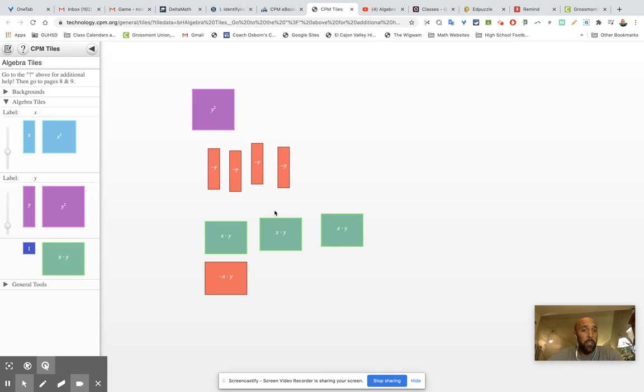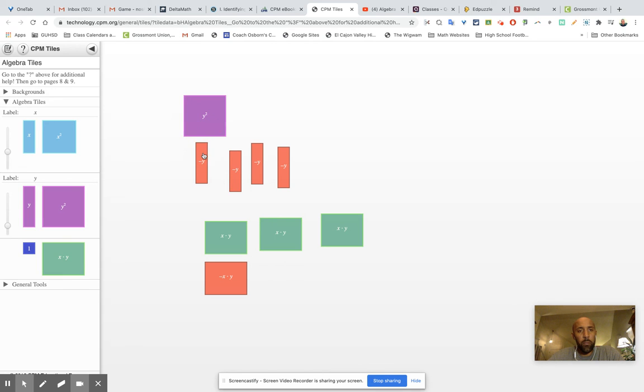Okay, so now in this one, kind of the same idea, you want to look for those zero pairs. Now here you have y squared and y, and some of you might think, oh, what if I just take these y's and make a zero pair with this y squared? Well, if you notice, if I try to actually lay these on top of this square, they don't lay perfectly. Notice how there's this little wedge left. So it's not quite a perfect fit.